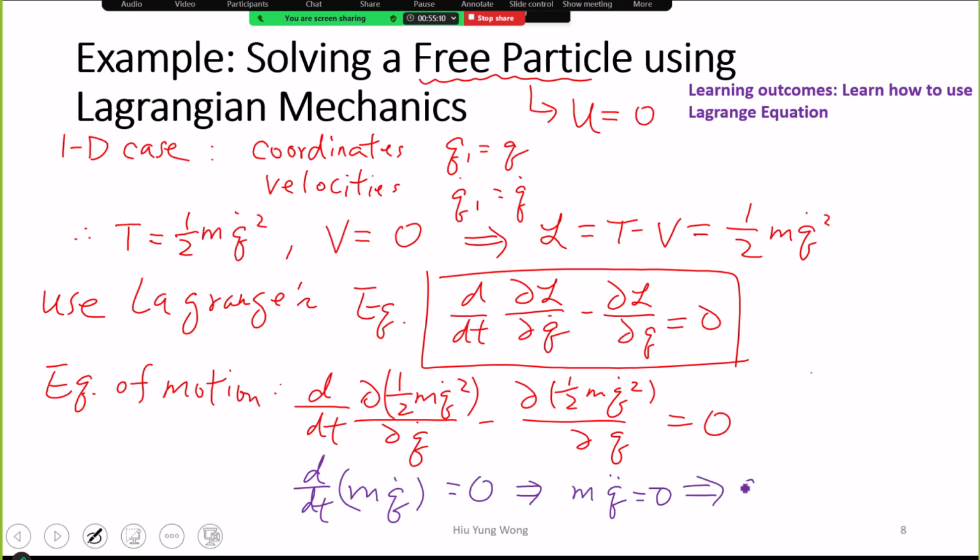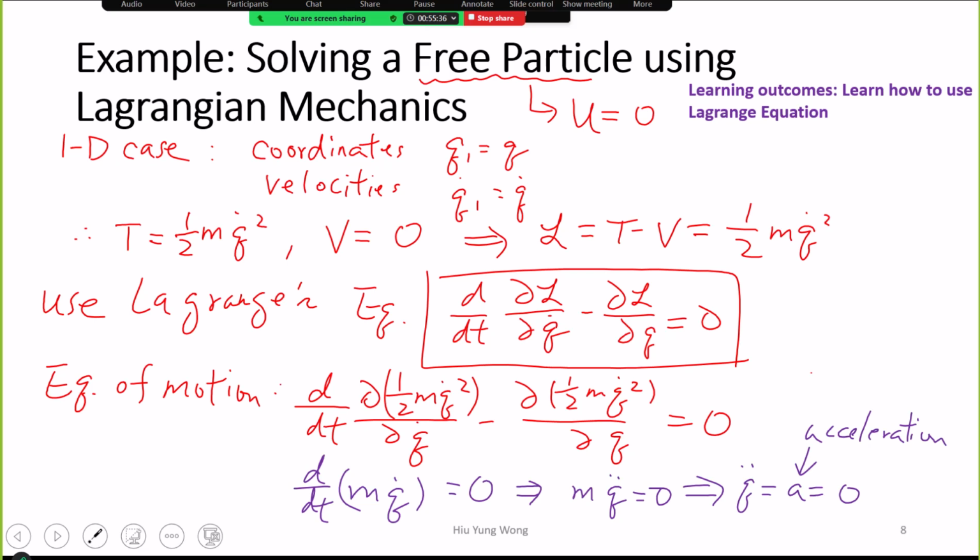So it means q double dot, which is just a, equal to 0. This is acceleration. So basically, by using the Lagrangian, it's telling me that if your particle is a free particle, it has no acceleration, which is just Newton's first law. You will continue to move at the speed that you have.